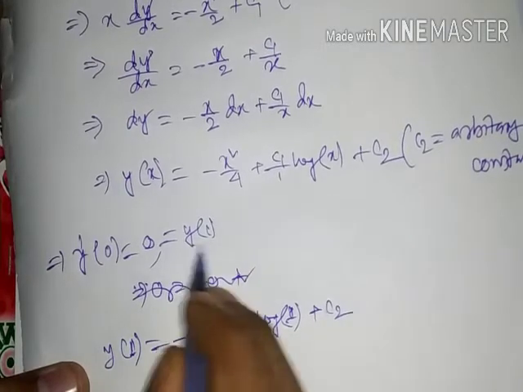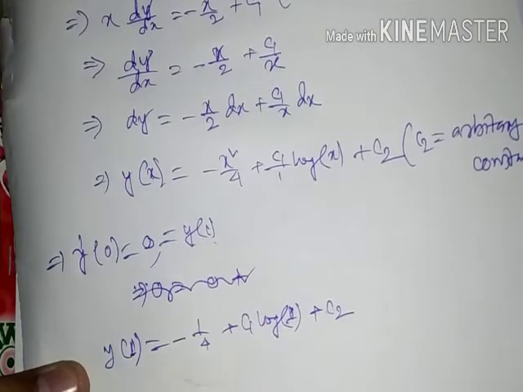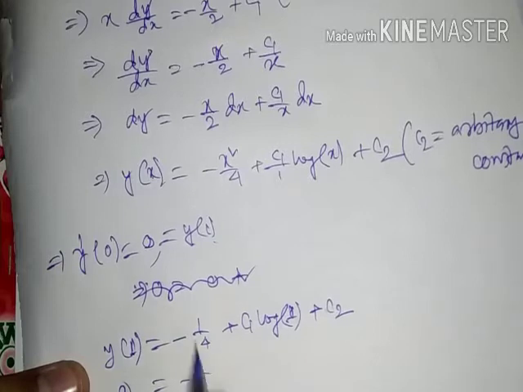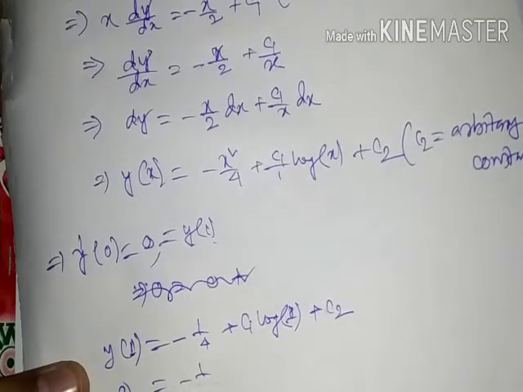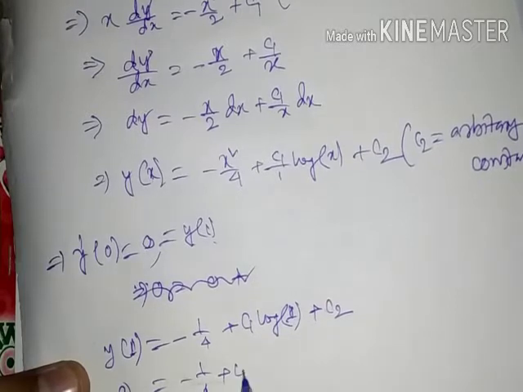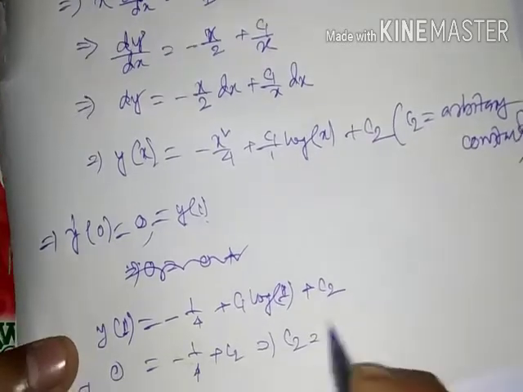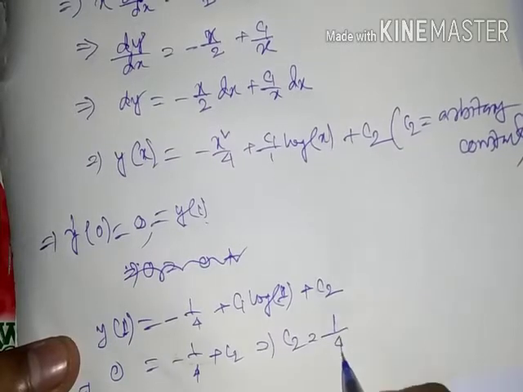Since y of 1 equal to 0, we can write 0 equal to minus 1 by 4 plus c2, which implies c2 equal to 1 by 4.